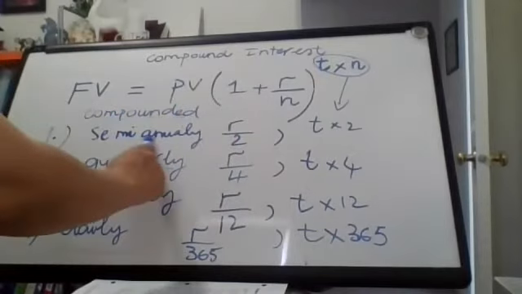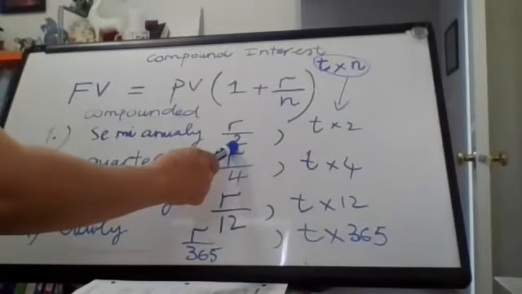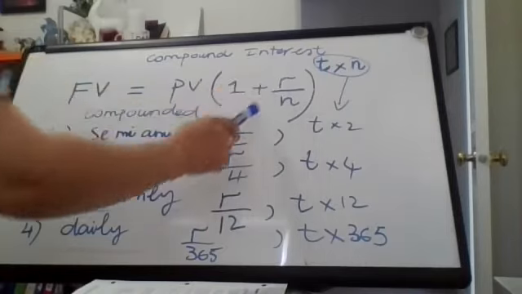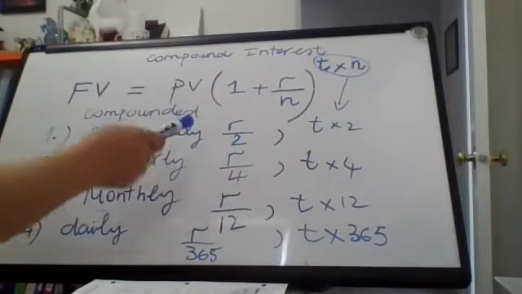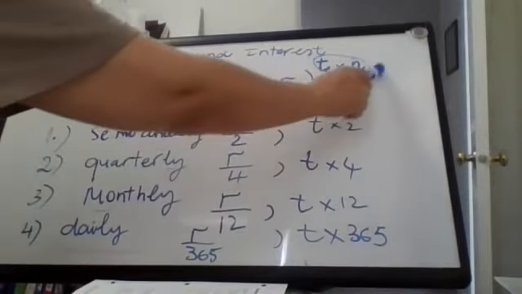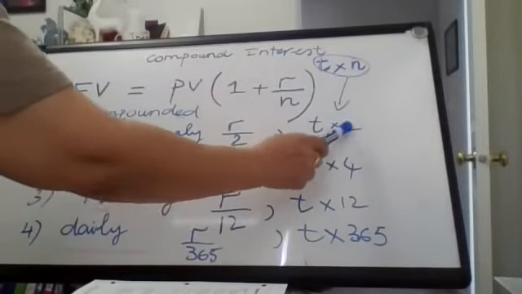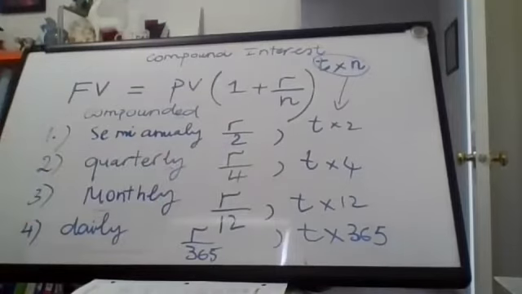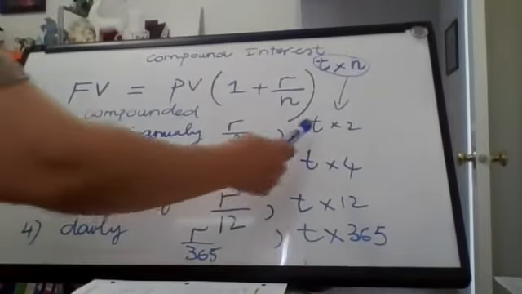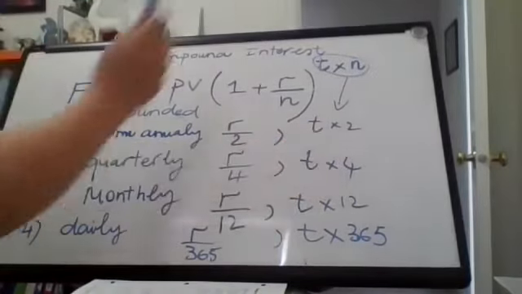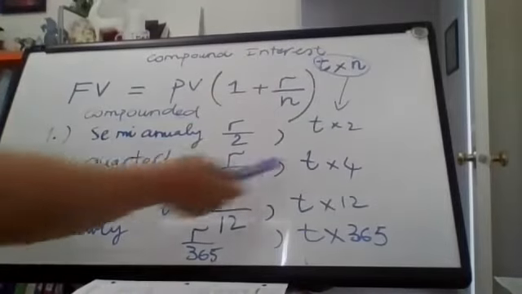So if it is semi-annually, the n equals 2. You divide the rate by 2 periods in 1 year. And on the top, the power here, if it's 2 years, then 2 times 2, which is 4 periods for 2 years. If it is 3, then 3 times 2, which is 6 periods in 3 years.